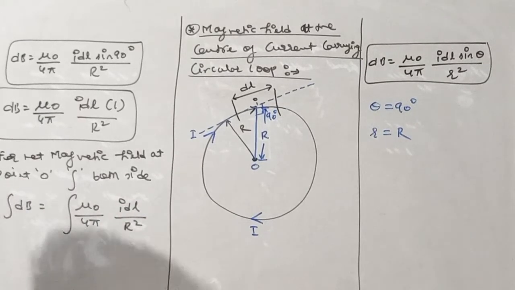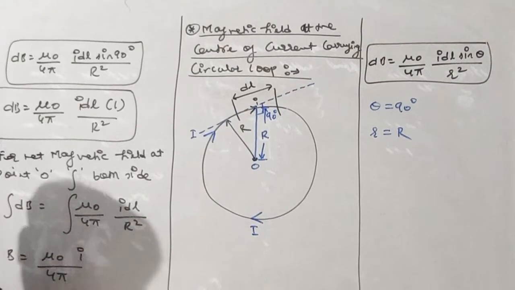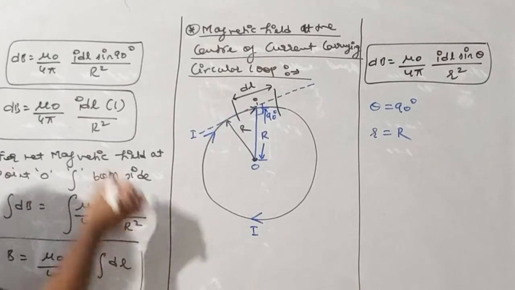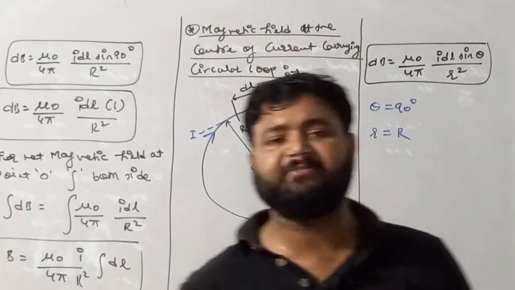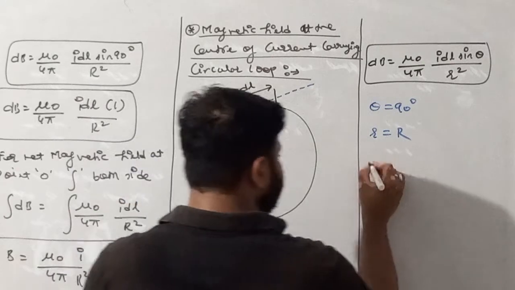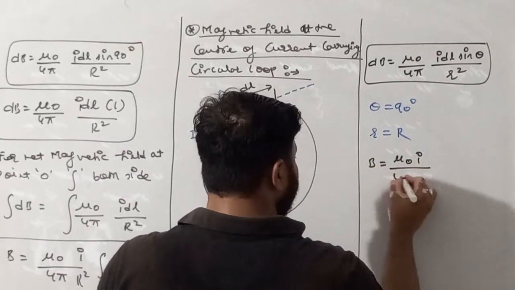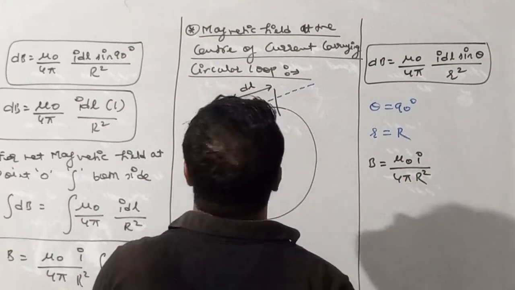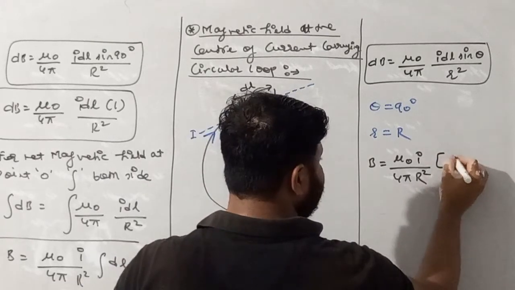So integration of dB must be B. So B becomes equal to: mu naught is constant, 4 pi is constant, current is constant, r is constant, integration of dl. If integration of dx is x, then integration of dl must be L. So we can write B is equal to mu naught I upon 4 pi r square, and the integration of dl is L.